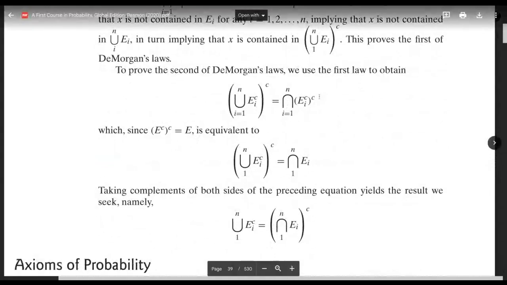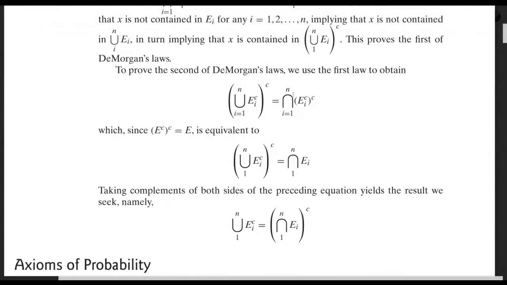To prove the second, we use the first law to obtain this. The complement of the union, because now we use the complement, right? We just use the idea. The complement of the union equals the intersection of the complements. But inside the events is the complement of events. So we have this complement. Well, what's the complement?